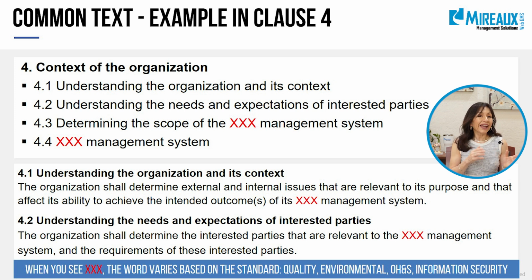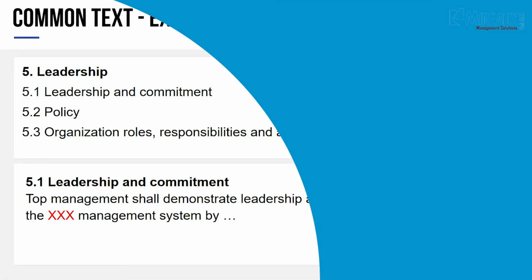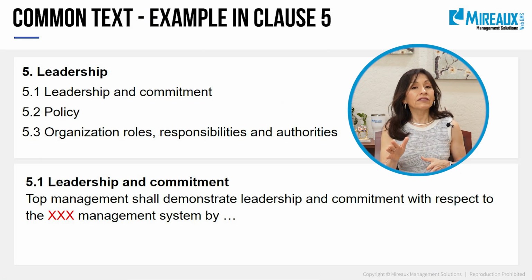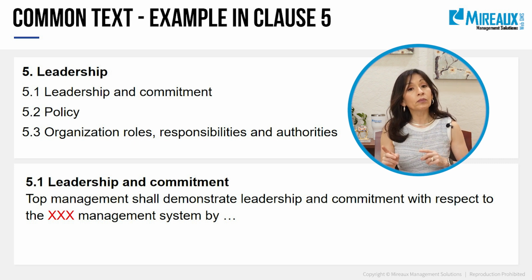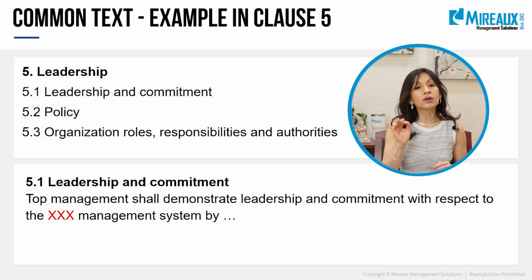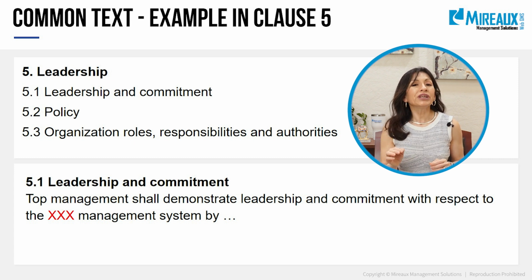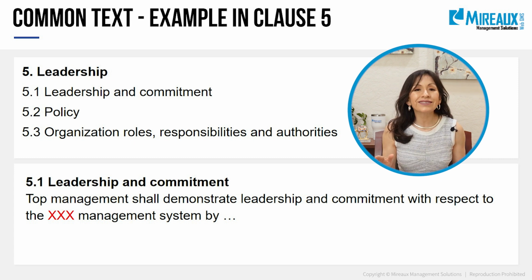Where you see XXX management system, the XXX is simply replaced by a specific discipline. For example, quality management system or environmental management system. Similarly, in clause 5, leadership, subclause 5.1, leadership and commitment, has common text outlining top management responsibilities. The expectations for leadership are pretty consistent no matter the standard.